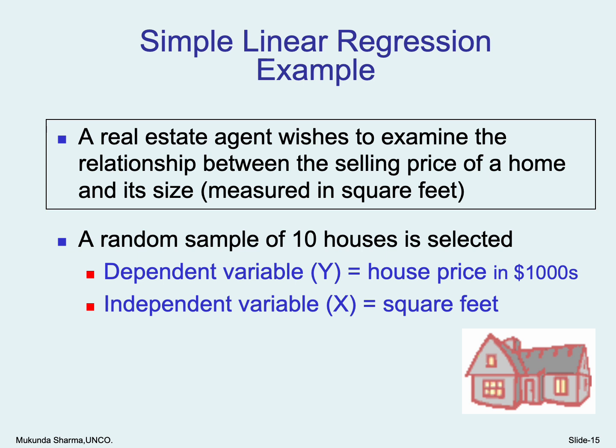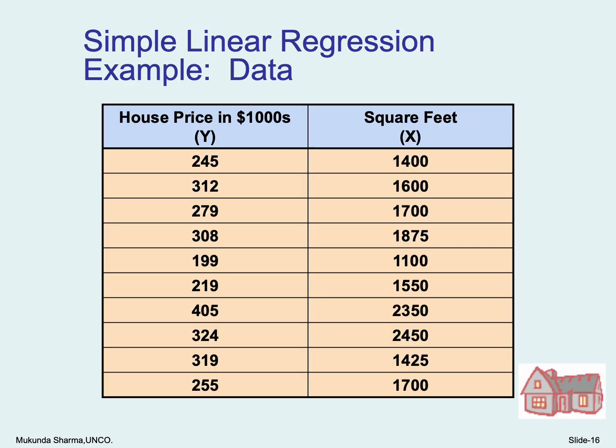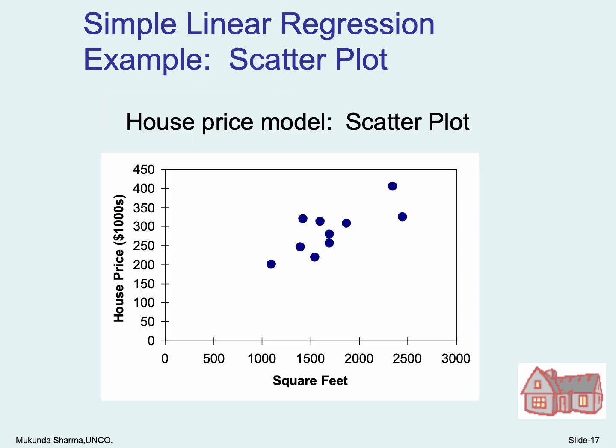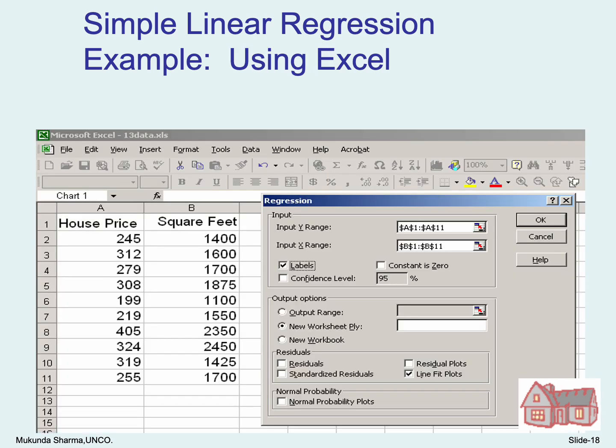Here y represents the house price in $1,000 and x represents the independent variable, square feet or area of the house. Visualizing the data helps us understand the relationship between the variables. If we draw a scatter plot of house prices against sizes, it reveals the pattern we will analyze.